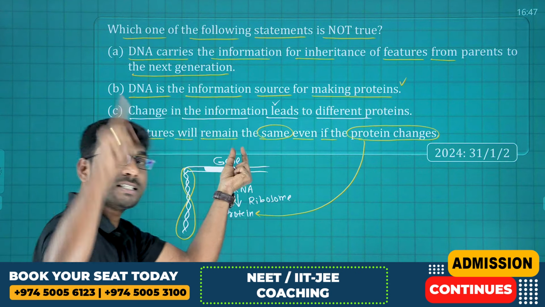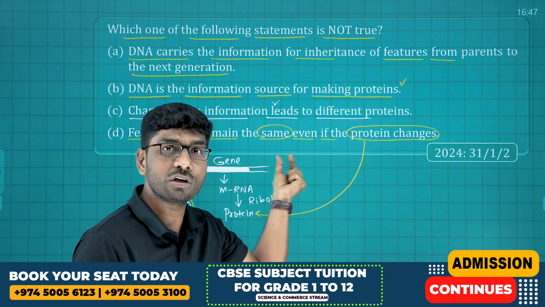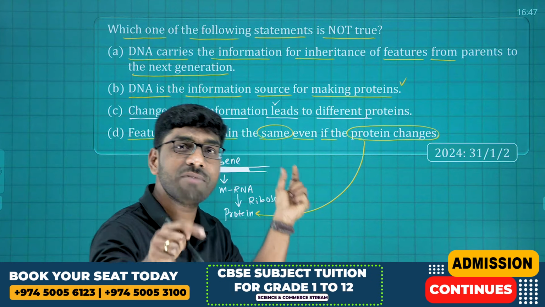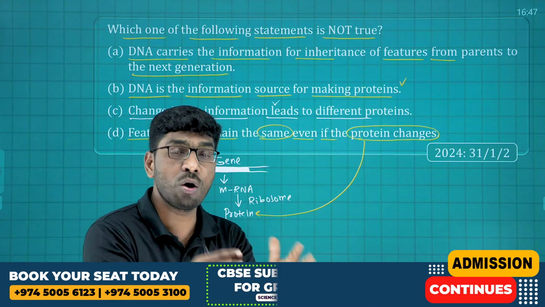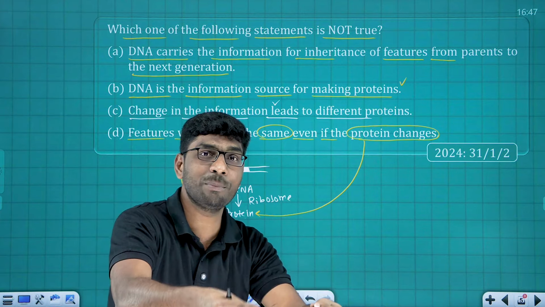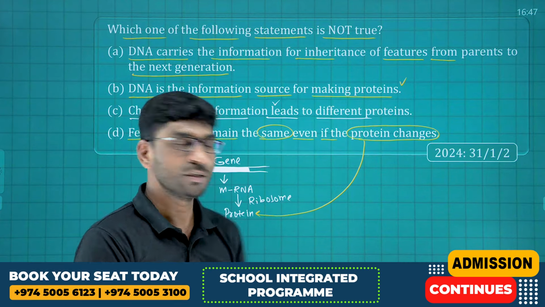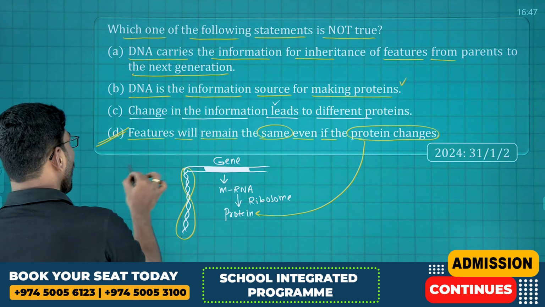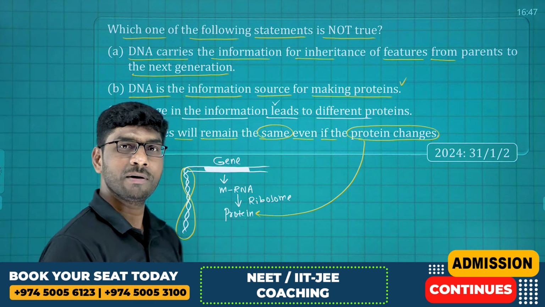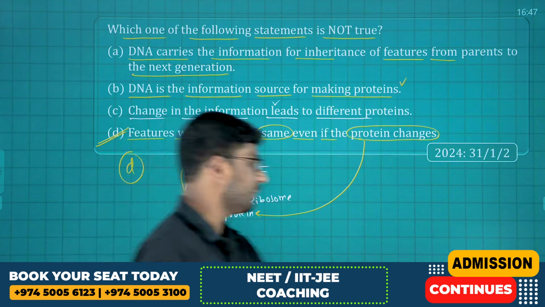It is a direct NCERT line. If you open NCERT, the How Do Organisms Reproduce chapter, it is clearly given. If any small change happens in the protein, that will affect our trait or our feature. So option D is the incorrect statement. You got my point? Next question.